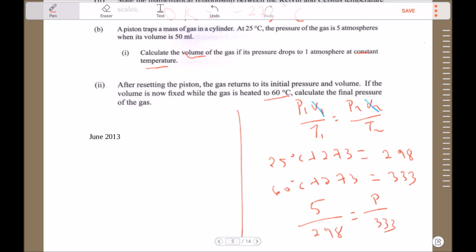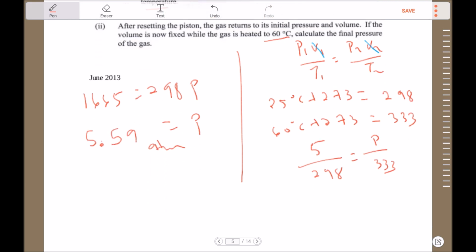So now this reduces to 1665 equals 298 P. So our pressure is equal to 5.59 atmosphere, ATM. So that's it for that question.